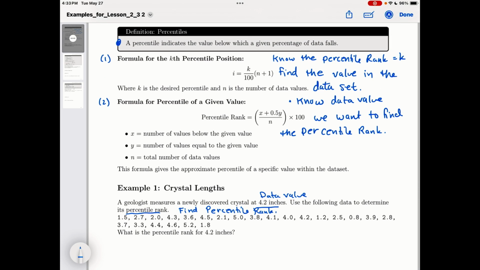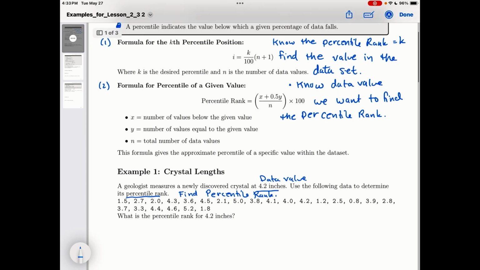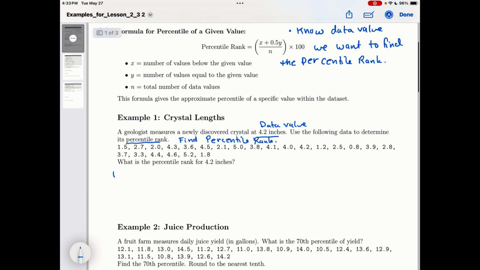Looking at these two formulas, that would be formula 2 that we're going to use, which is (x + 0.5y) over n times 100.